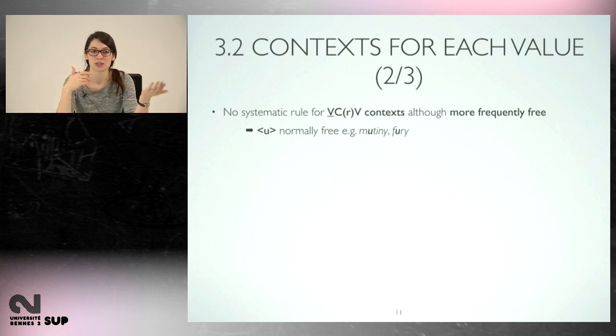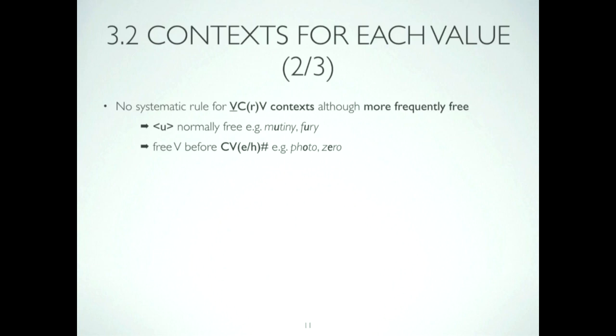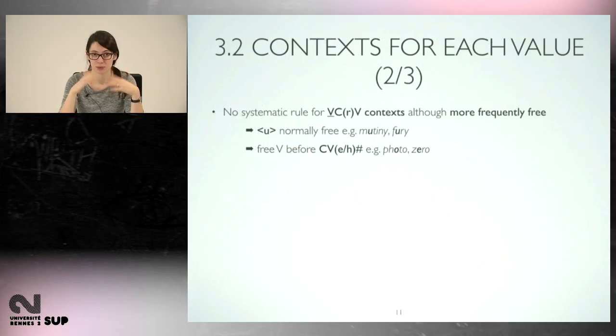So you say mutiny, fury. The vowel is also free, and that's a rule as well, as opposed to what I said before about there being mere trends, tendencies, statistics here.